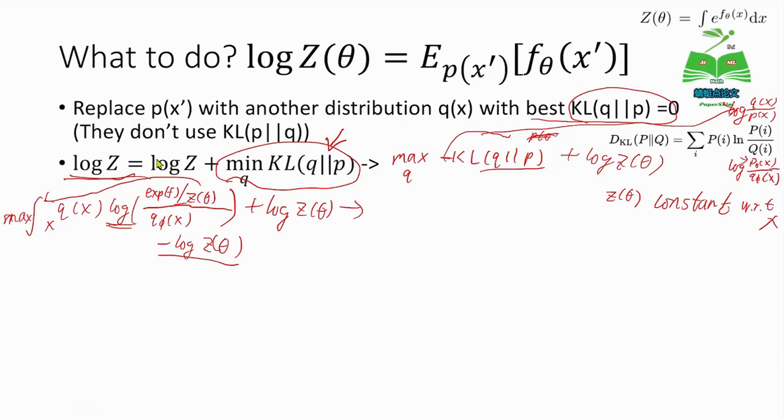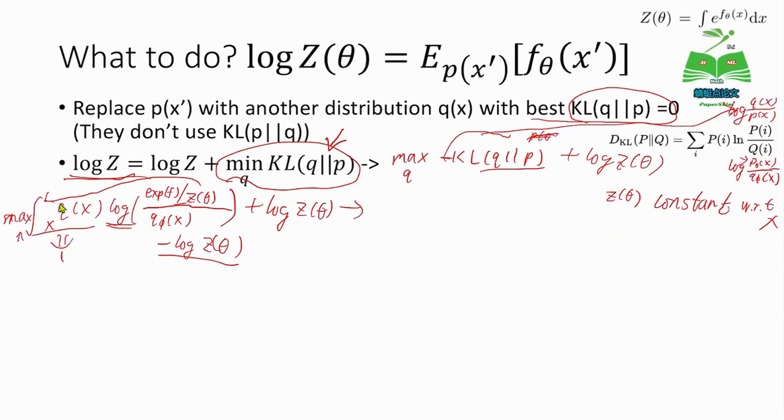So we can directly move it outside the integration, and then we find the integration of x over the qx, because it is a probability distribution, so this one is equal to 1.